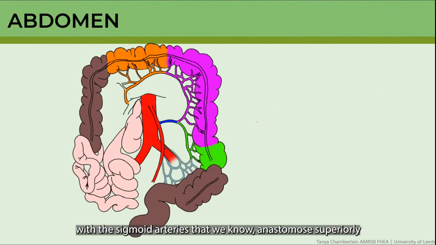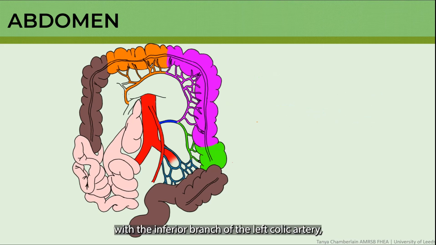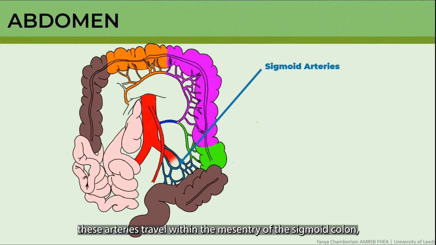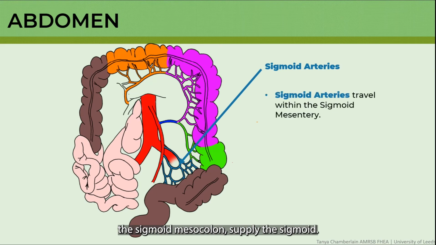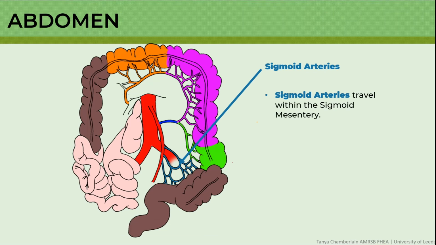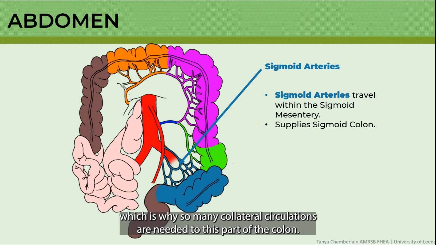We will follow this with the sigmoid arteries that we know anastomose superiorly with the inferior branch of the left colic artery. These arteries travel within the mesentery of the sigmoid colon, the sigmoid mesocolon, to supply the sigmoid. The mesentery allows this part of the colon to be highly mobile, which is why so many collateral circulations are needed to this part of the colon.